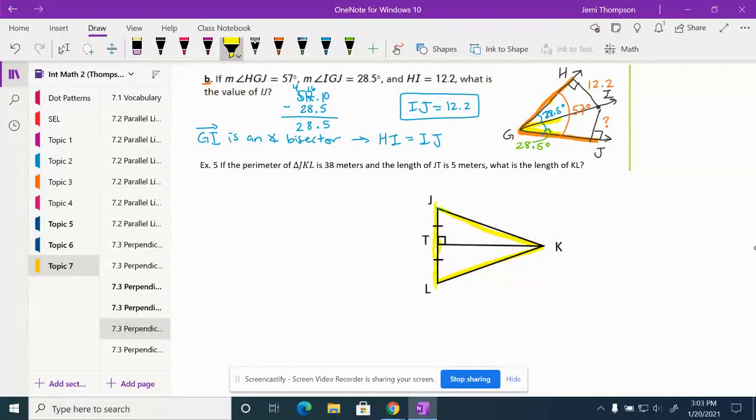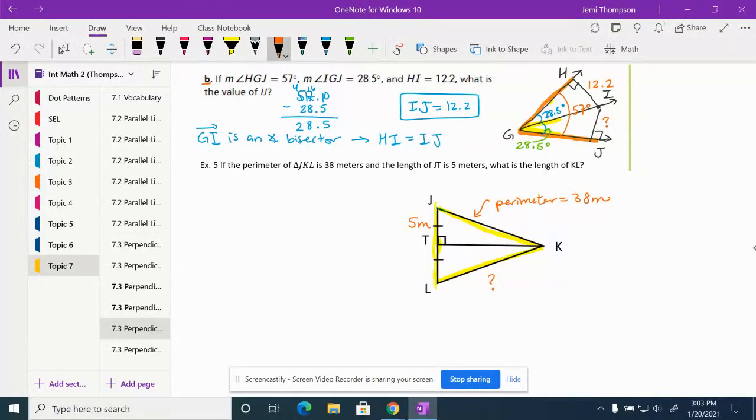So the perimeter equals 38 meters, and the length of JT is 5 meters. What is the length of KL? Now this problem does give me meters. It gives me a unit of measure, so it's going to be important that I take that into account when I'm done.